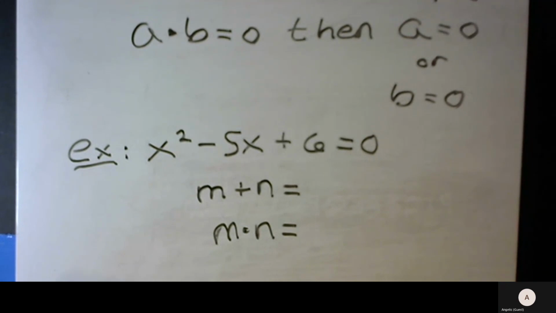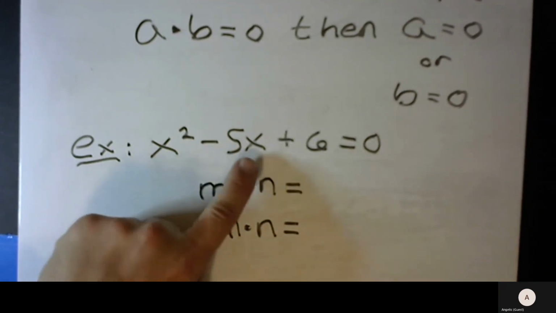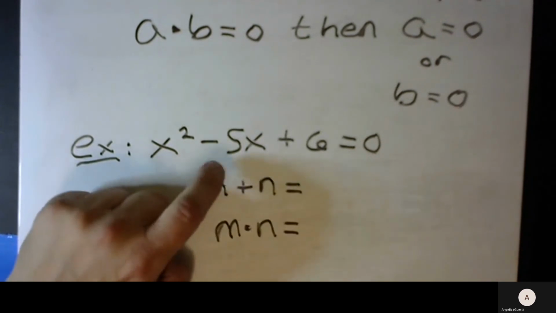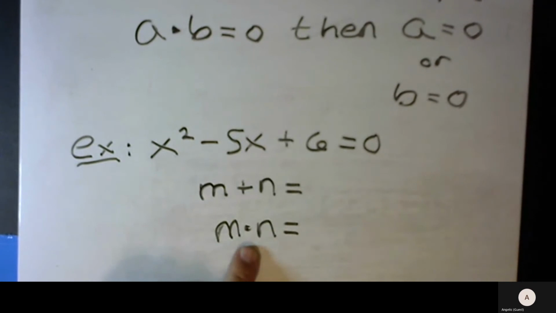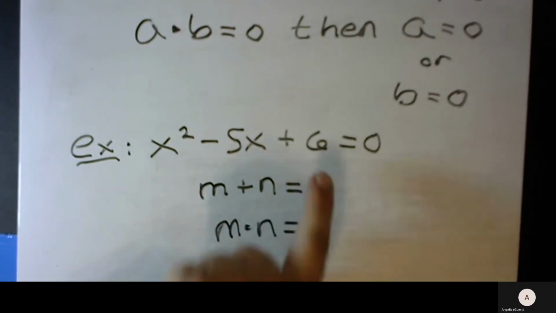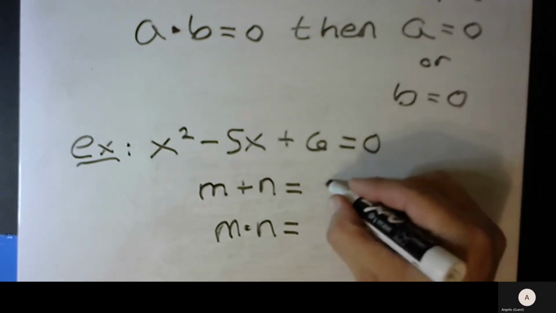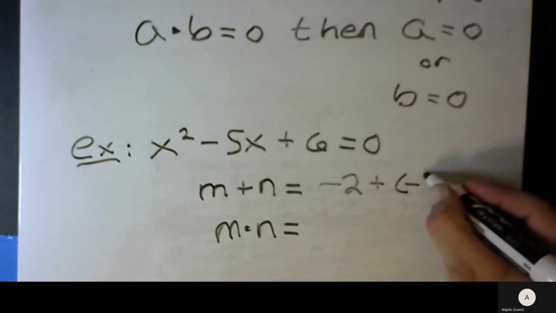You're looking for two numbers that add up to the -5, or the number that's attached to the plain x, not the x squared, but just the plain x or the plain r or the plain t. Two numbers that add up to this number that's attached and also multiply to the constant that's by itself. So in this case, two numbers that will work are -2 and -3.